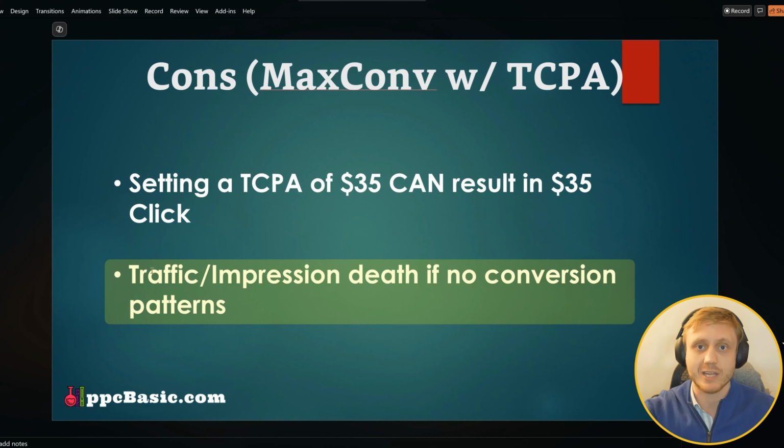So your traffic and impressions die off as well. It'll be a downward curve either way with a target cost per acquisition. What you have to do is increase your TCPA, like from $35 to $40, from $40 to $50, to give Google a little more room to wiggle around until perhaps one day they figure out the types of customers willing to convert on your site or your service or whatever else.